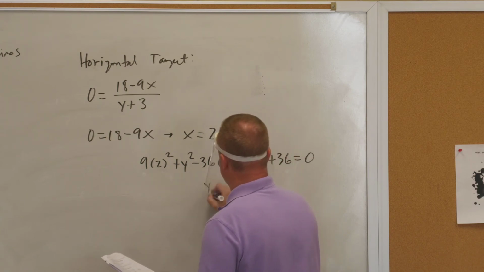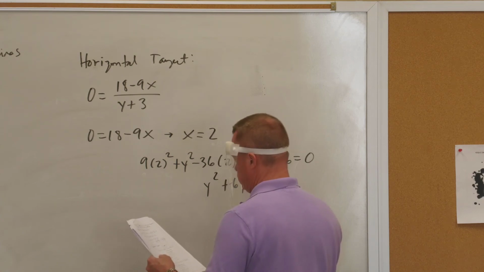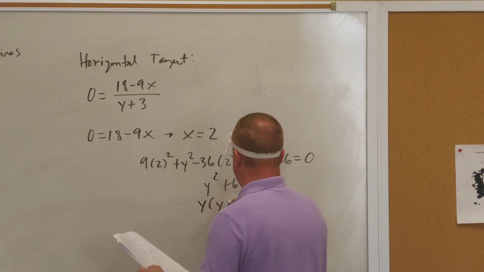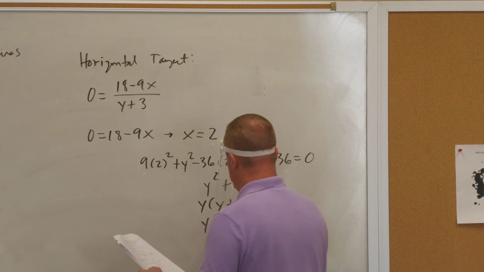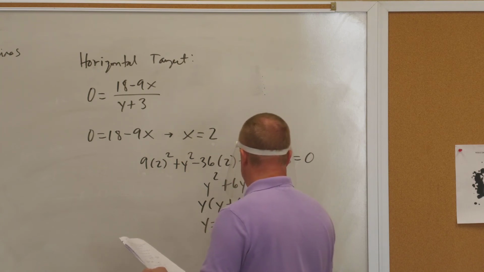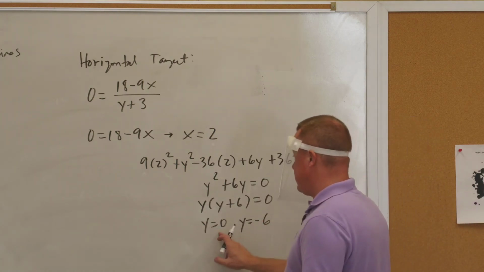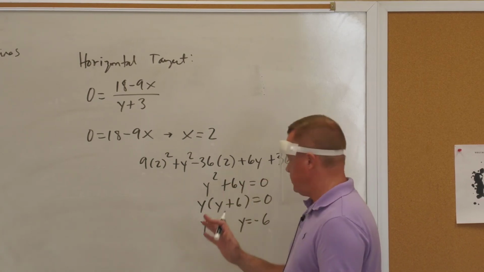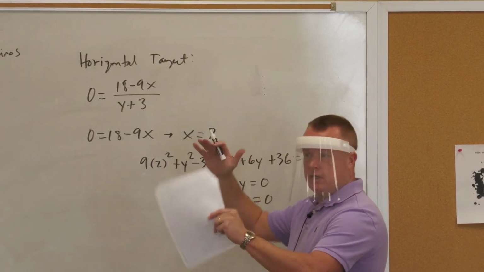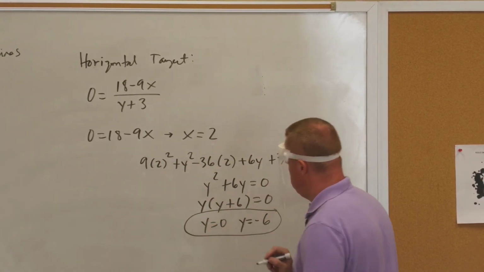So I just get y squared plus 6y equals 0. Factor out a y. Y is equal to 0. Y is equal to negative 6. Okay? So when y is 0 and when y is negative 6, that is when I have the horizontal tangents, and those are horizontal lines. So that would be my horizontal tangents.